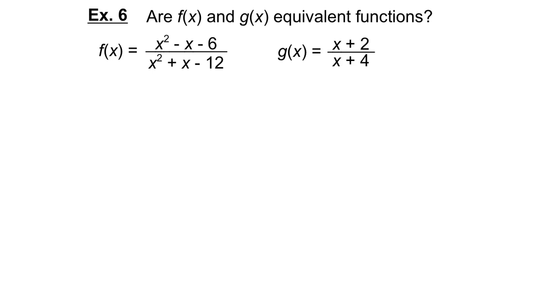Now we're going to do the same thing here, except it's a little trickier because, well, these are rational functions. So do the same as we've been doing this entire lesson. Factor, simplify, and then see if they're the same. So this one's a little trickier. You can try this one if you want to. Otherwise, you can just skip ahead to my explanation.